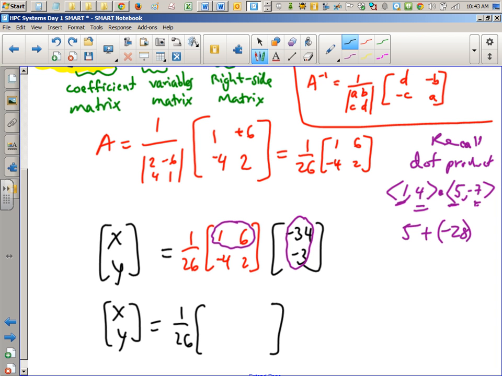What's 6 times negative 3? Negative 18. What do we do with these two things? We add them, right? So we basically do 1 times negative 34 plus 6 times negative 3. Okay? So this top number is literally just negative 52.